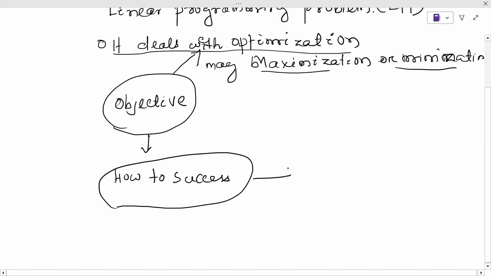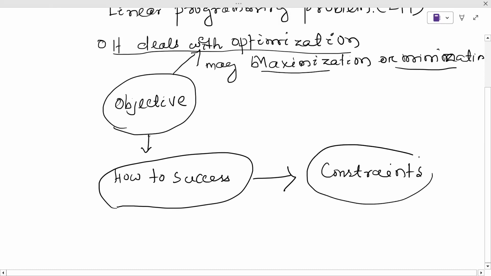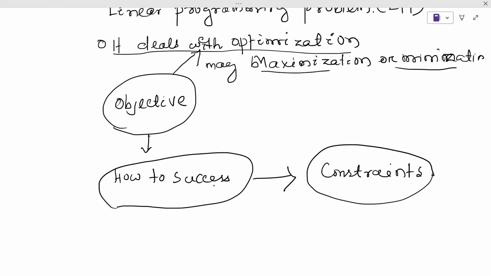The process of success is called the constraints, or arrangement of the certain program, is called the constraints or the linear inequalities.